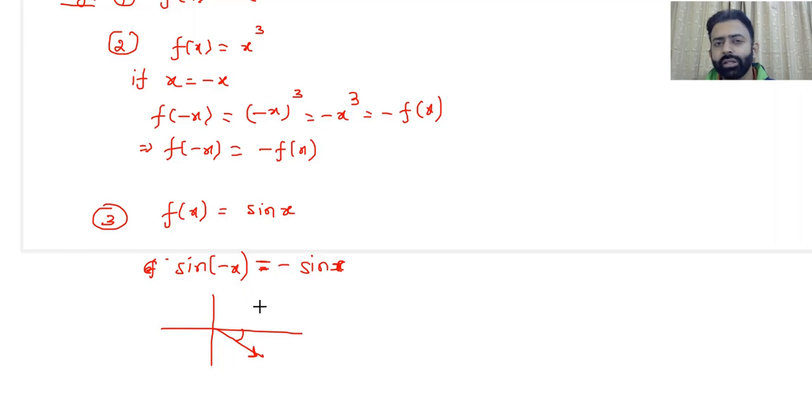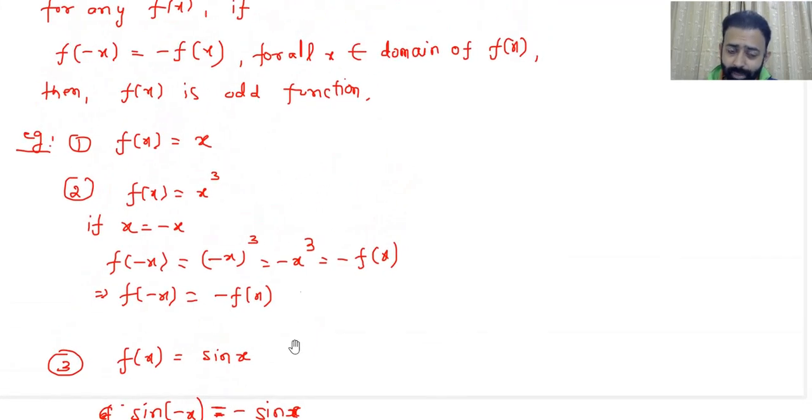Now talking about the graphs of all these odd functions. As you already know, for the first example f(x) equal to x, it's a straight line passing through the origin, having the gradient as plus 1. So if this is your coordinate axis, the graph of f(x) equal to x will be a straight line like this.